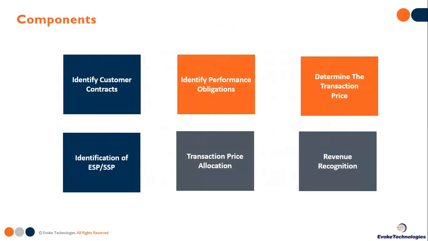And the next is transaction price allocation. So the transaction price needs to be allocated in proportion to the performance obligation, in proportion to the ESP, SSP. And finally, once the allocation is complete, the final step is the revenue recognition and transfer of entries to general ledger.